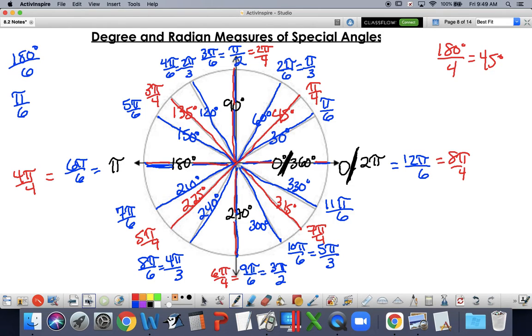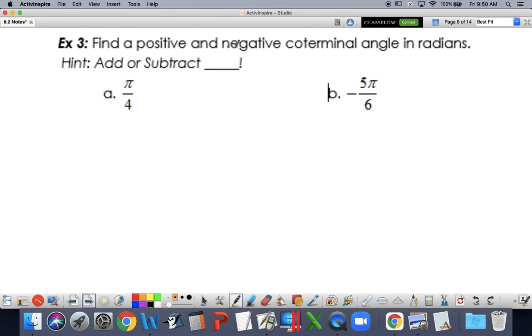So let's continue on with our second learning target, which is to say, okay, now that I know the connection between degrees and radians, how do I find coterminal angles if instead of them being in degrees, I'm given them in radians?